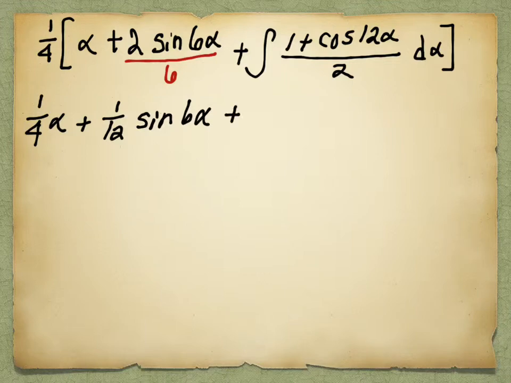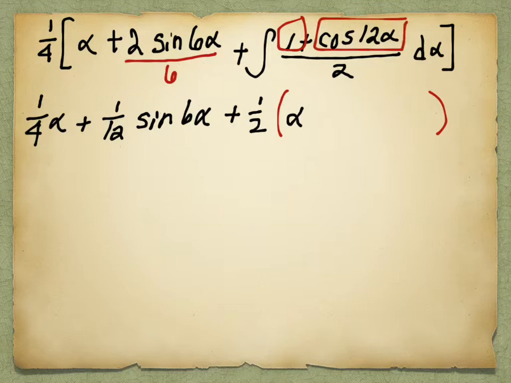plus, and then I'm going to put this 1/2 in the front, so ignore the fact that it's got the 2 in the denominator. I'm pulling that 1/2 out. What is the antiderivative then of 1? That's alpha. And I need the antiderivative now of cosine of 12 alpha. So what's the antiderivative of cosine of 12 alpha?